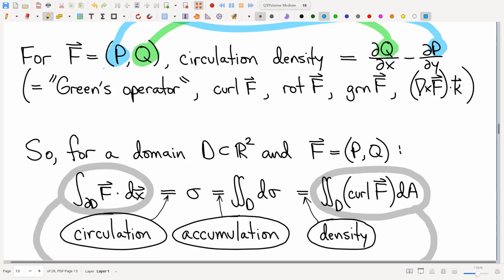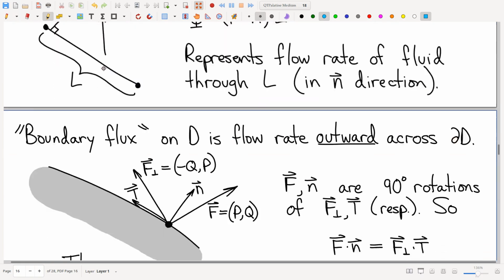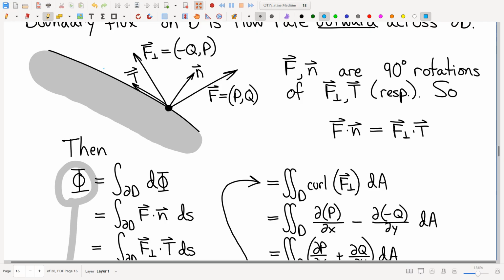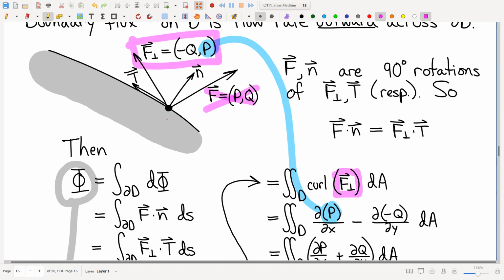That's what I did in writing this down: x partial of the second field coordinate. Now keep in mind, specifically of f perp. We're not interested in f. And then minus the y partial of the first field coordinate.